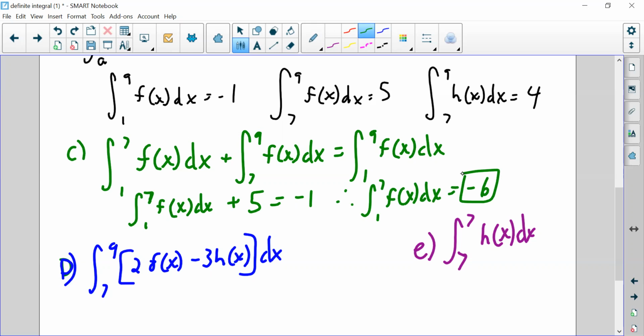Can we also solve it doing the integral from 1 to 9 minus the integral from 7 to 9? You would need to write that as the integral from 1 to 9 plus the integral from 9 to 7, and then realize that you do have to negate that, because we have to set it up so that this upper limit is equal to this lower limit if I was using that property. So you would have to set it up that way.